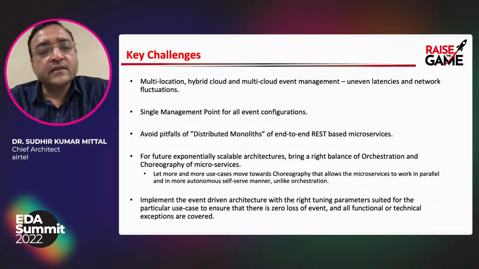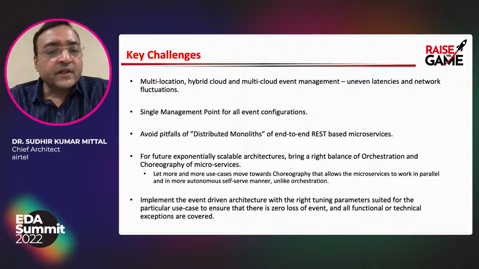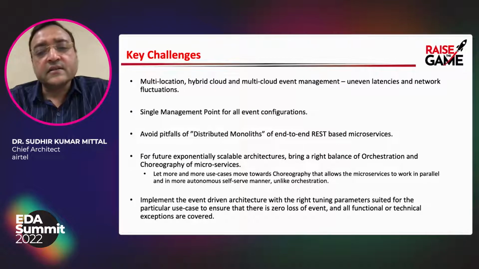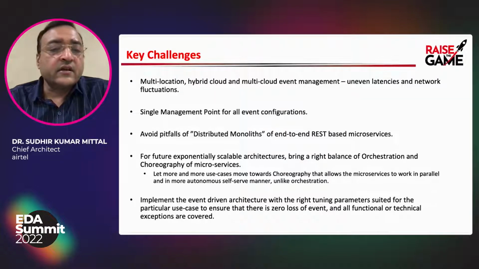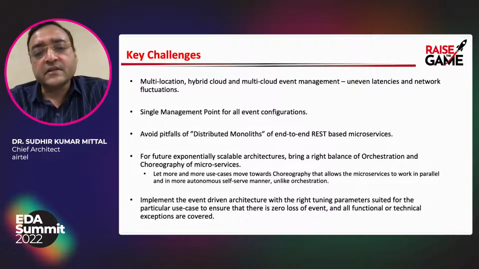So this is again something we have to be very careful of, which is further explained in the next bullet point: that for future exponentially scalable architectures, we have to bring the right balance of orchestration and choreography of microservices.